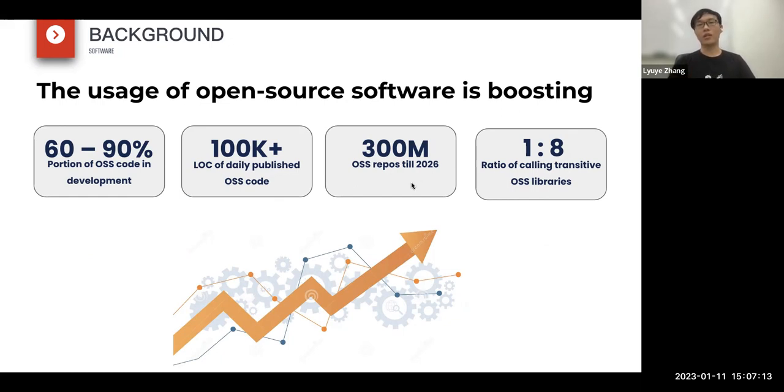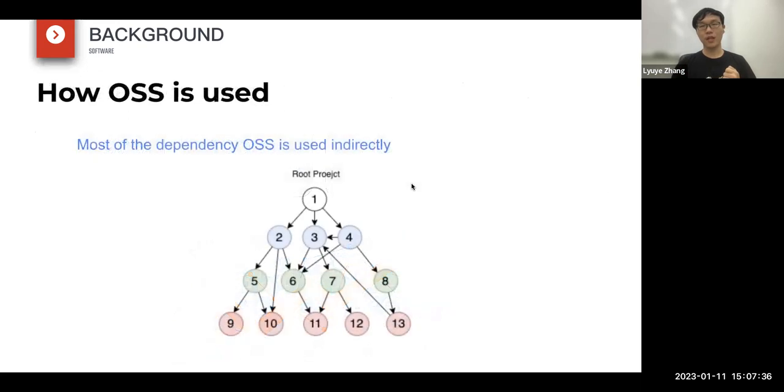So we can see the usage of open source software is really boosting, and lots of developers choose to use it when they develop their own projects, because they don't really have to reinvent the wheel, and they can reuse the existing implementations. But how do they really use this software?